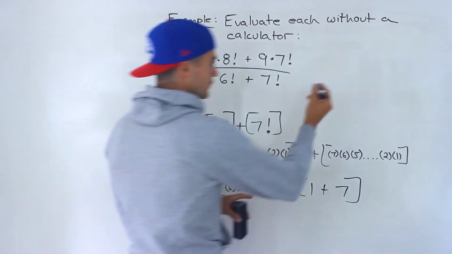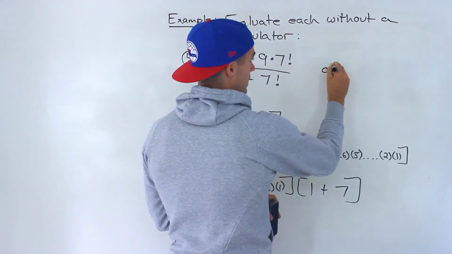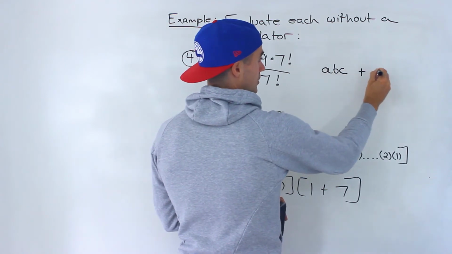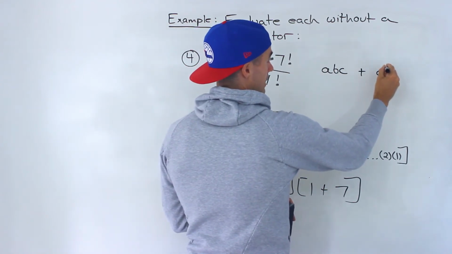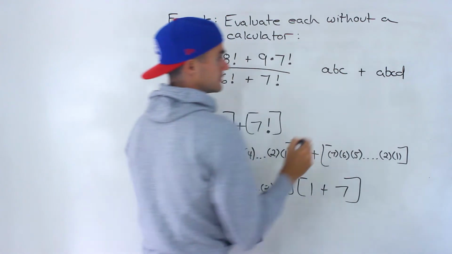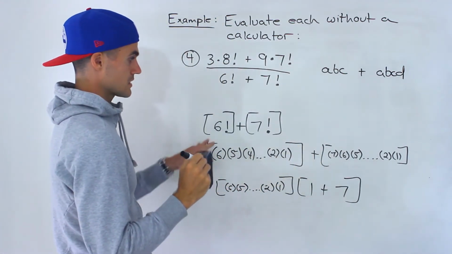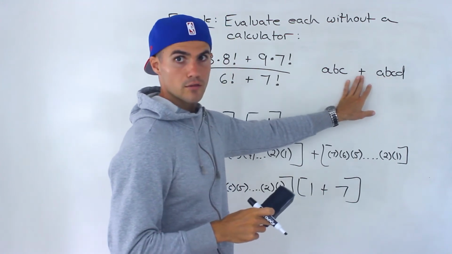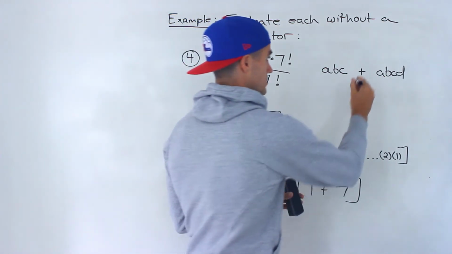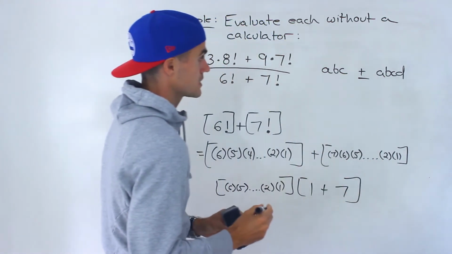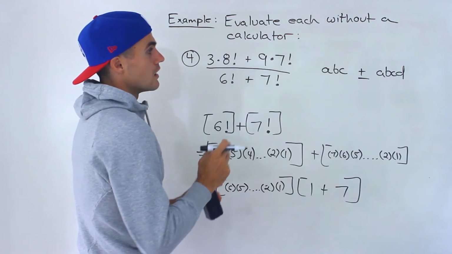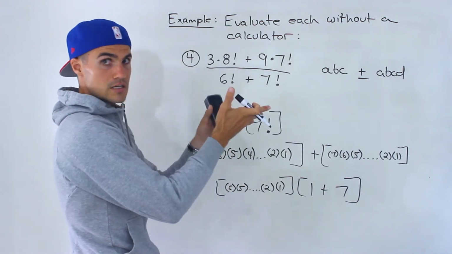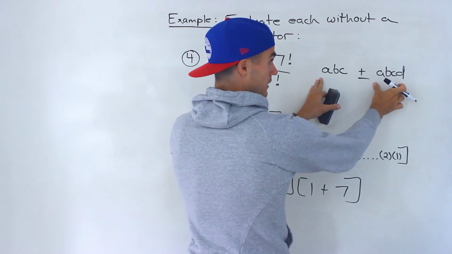Okay, just a quick review. If I got like ABC plus ABCD, which is kind of like what's happening here. These are multiplying, then we got the addition. This could be addition or subtraction, so I'll just put a plus and minus, keep it more general. If I was to factor this, what can I factor out of these two terms?